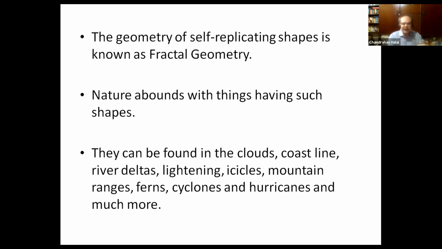Actually, nature does not have any straight edges or sharp corners. Now, this fractal geometry can be found in clouds, coastlines, river deltas, lightning, icicles, mountain ranges, ferns. If you look at the leaf of a fern, it's a compound leaf and it has similar patterns. Cyclones, hurricanes, and much more.